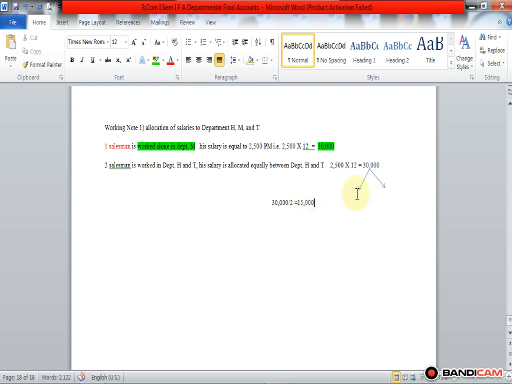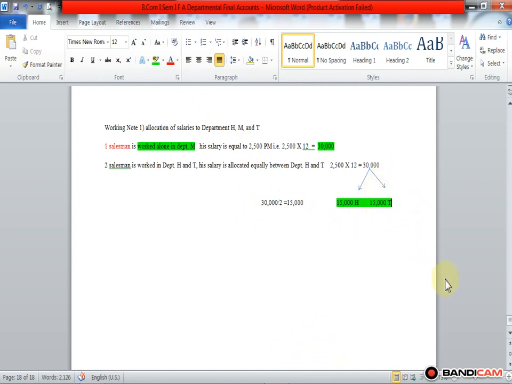Okay, so these 15,000 are distributed: 15,000 salary of one salesman is transferred to department H, and 15,000 salary is transferred to department T. Okay, here equally, so 15,000 is transferred to department H and department T. Okay, got it?